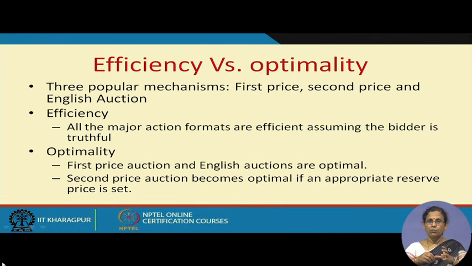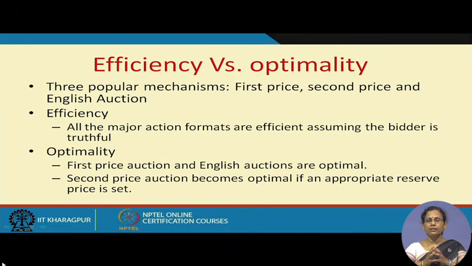In case of a forward auction you have one seller and many buyers. In this situation, if a single unit of a single object is getting sold or bought, all the major auction formats are efficient assuming that the bidder is truthful.